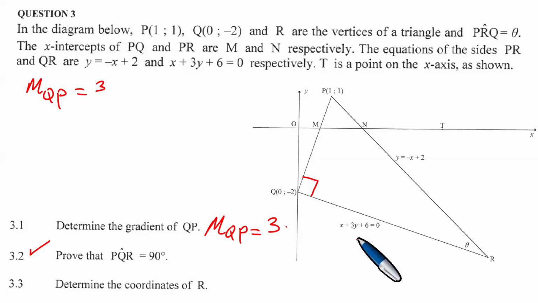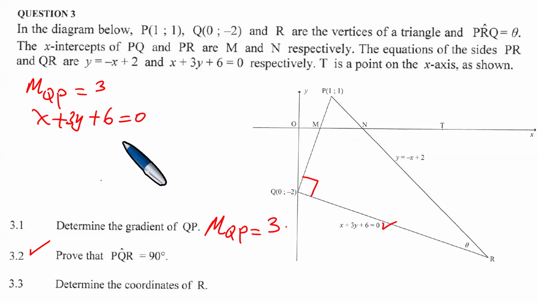And therefore, obviously, look at the fact that we have the equation of the line in contact with QP. What is the equation? The equation is x plus 3y plus 6 equals 0.